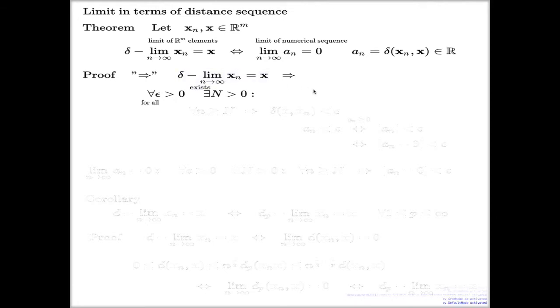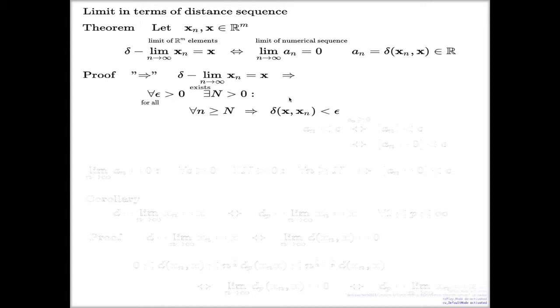For all positive epsilon, there exists N such that whenever you take an index after that N, you have this condition satisfied. This is just a literal copy of the definition of the limit for sequences, which I showed you on my main set of slides.